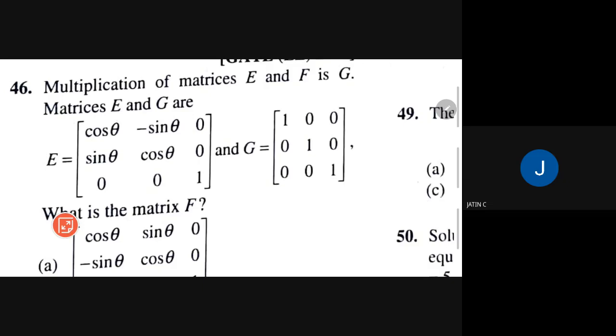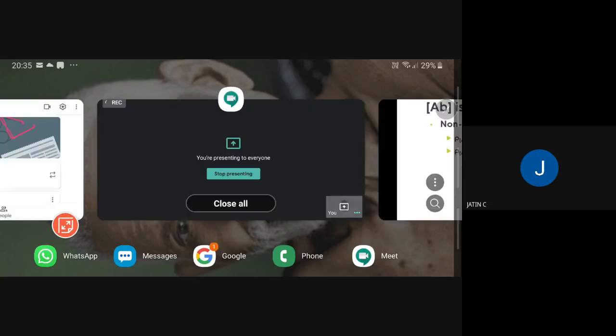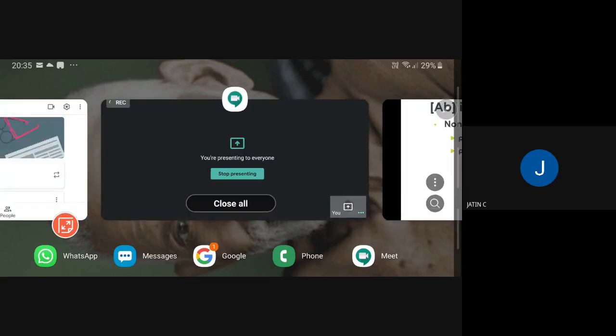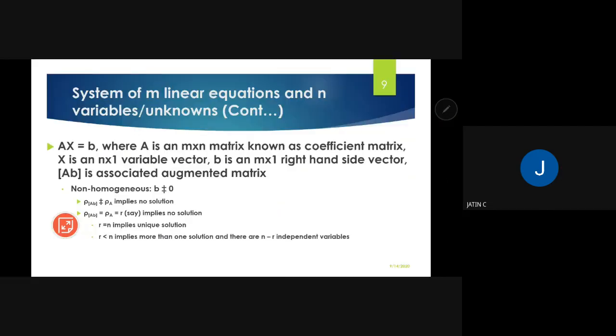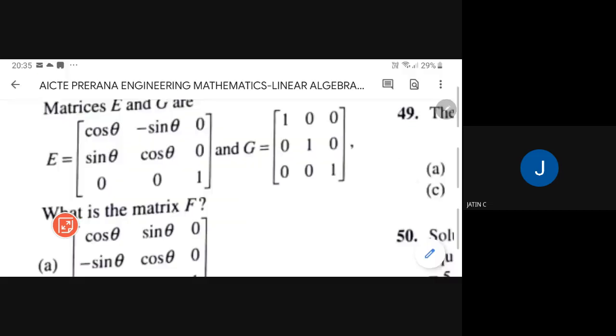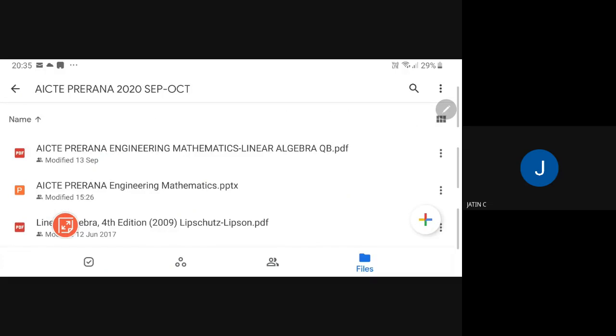I thought of teaching this one. This question is from the Schaum series. That is why I told you, please look into the book I have shared. That is a very good book. Is it from the drive or somewhere? Yes, this is from the drive. If you look at the Schaum series, I will show where it is.